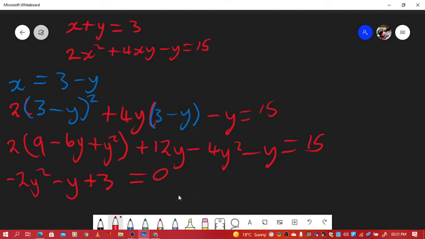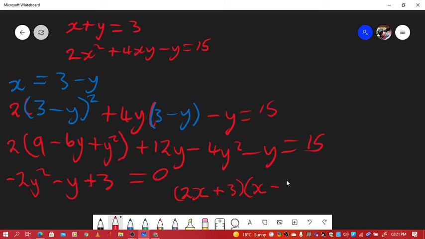So now the factors of this must be 2x, I think, plus 3 into x, positive, okay.